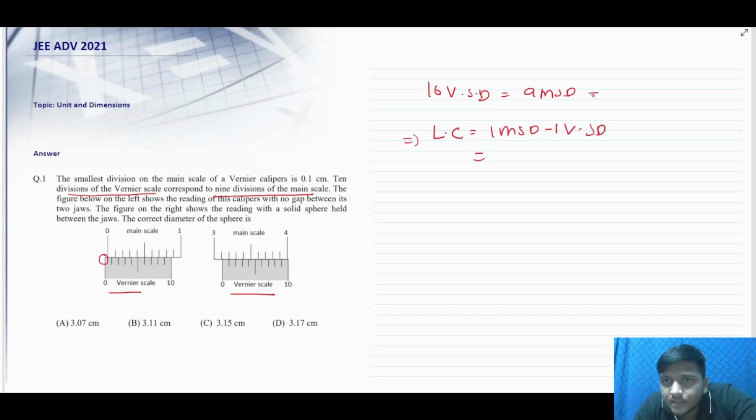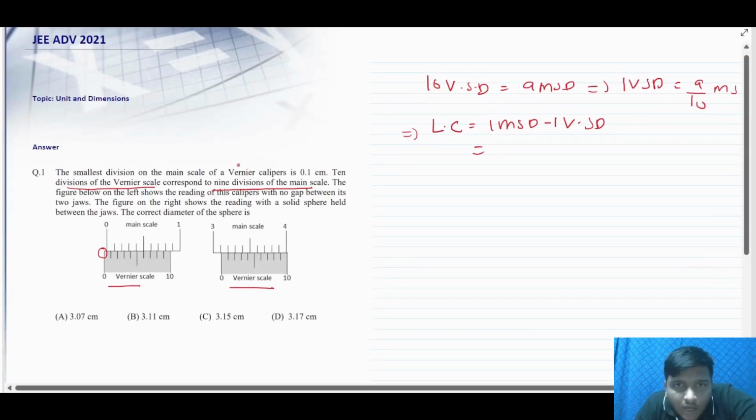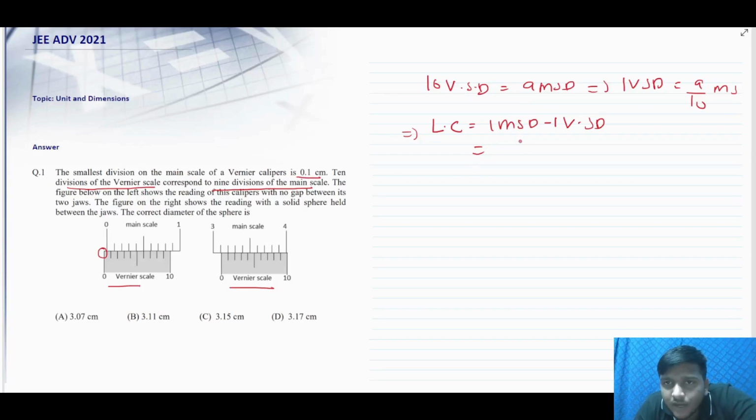So here 1 VSD is equal to 9 by 10 times of an MSD. The main scale is of 0.1 centimeter, so our least count is (1 minus 9 by 10) times the main scale division, that is 0.1 times 0.1, so our least count is 0.01 centimeter.